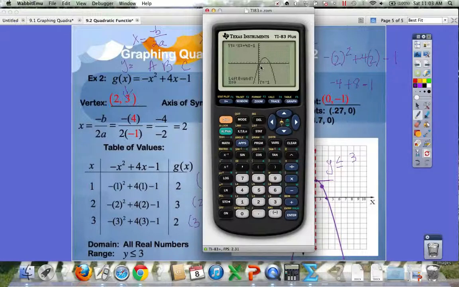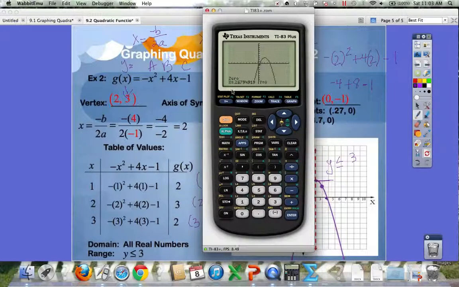What that is doing is trying to minimize the area that it's looking for the 0. So we're going to go on this side of the x-axis, then that side of the x-axis, and then it's going to ask you for a guess. So I'm going to hit enter. I'm going to move the spider guy up a little bit, hit enter. So it's between those 2 points, and then hit enter.